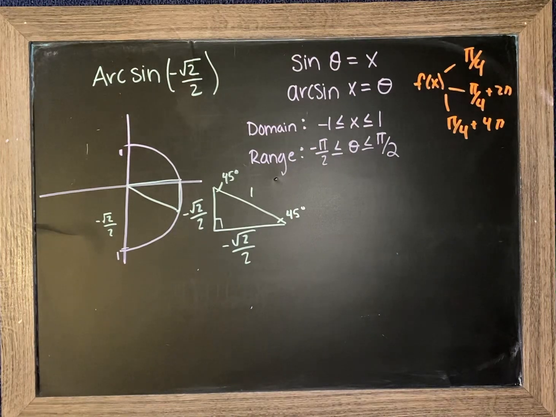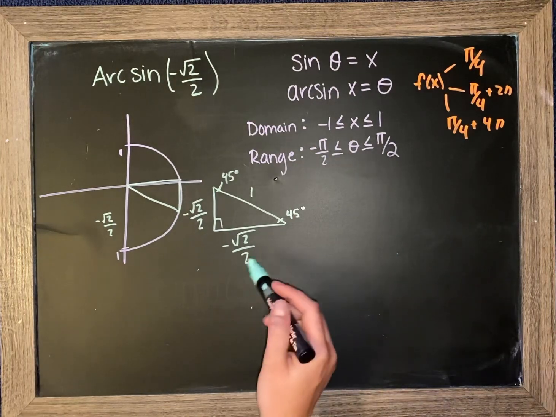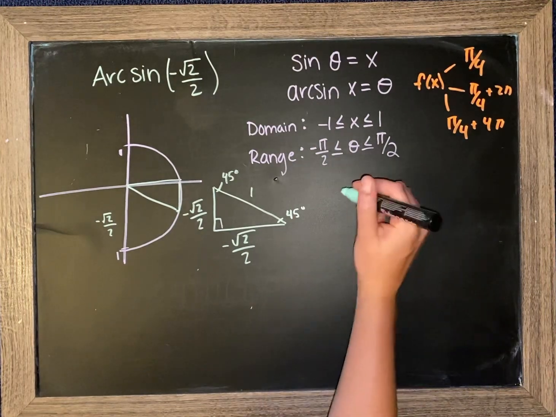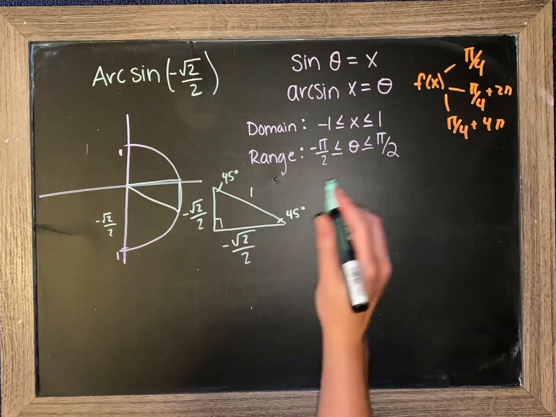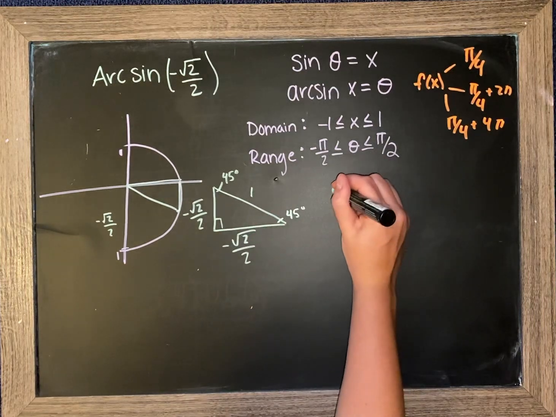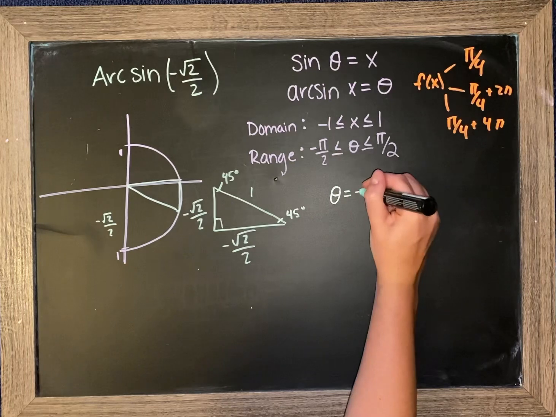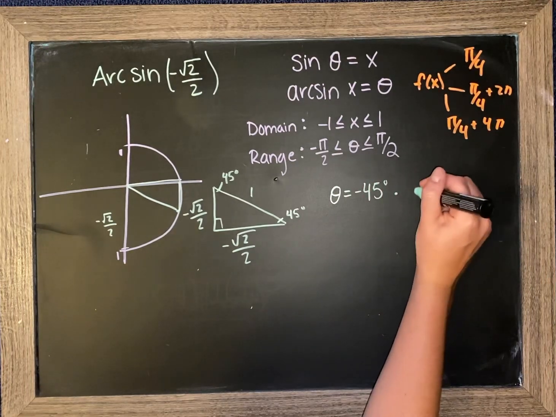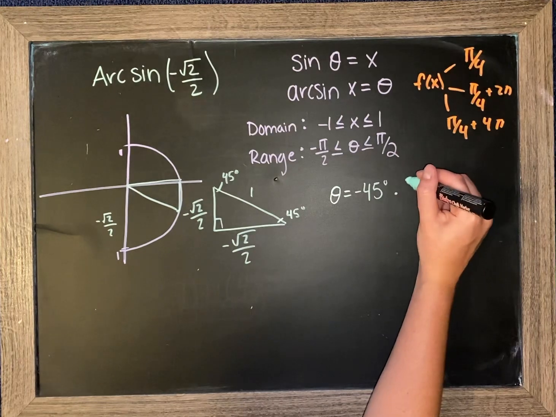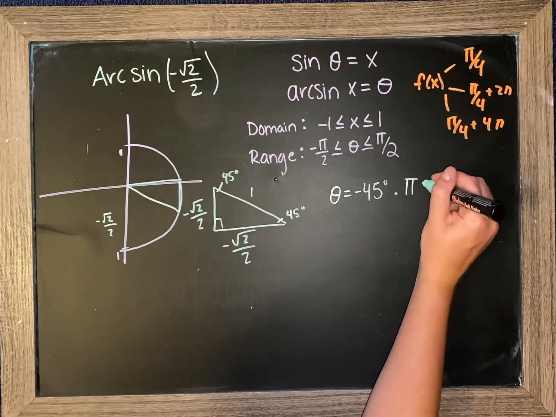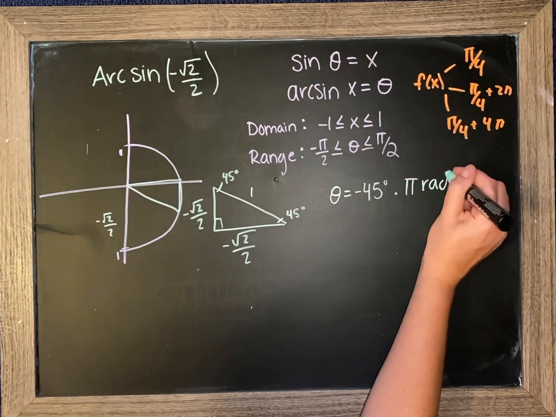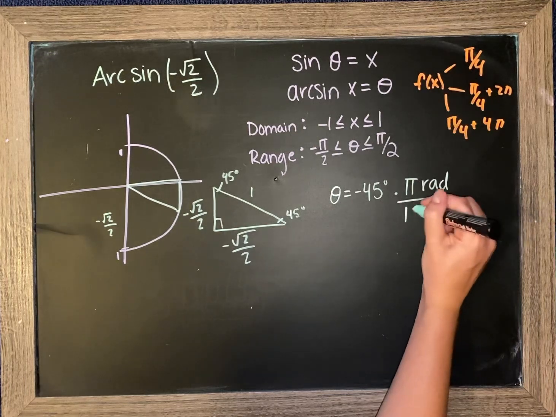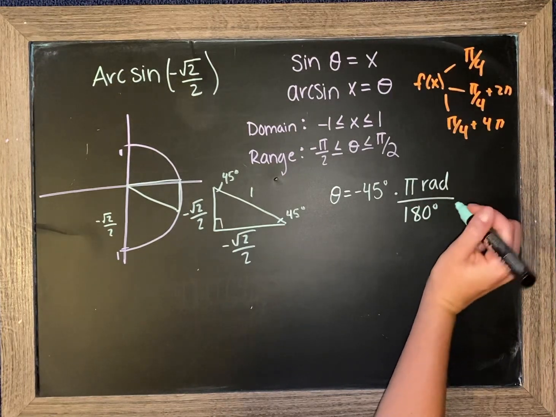And so in order to solve for what this is going to be, we're going to take our angle theta, which is equal to negative 45 degrees, and then we are going to convert that into radians. And so we have pi radians divided by 180 degrees.